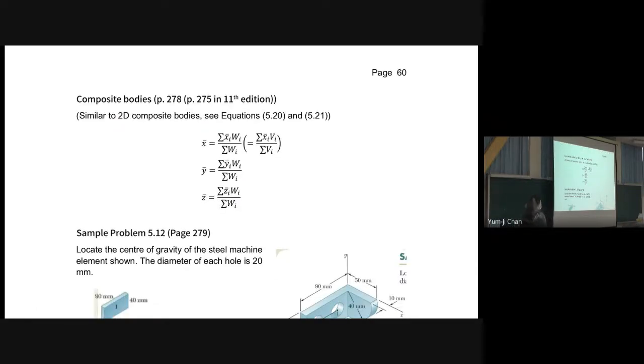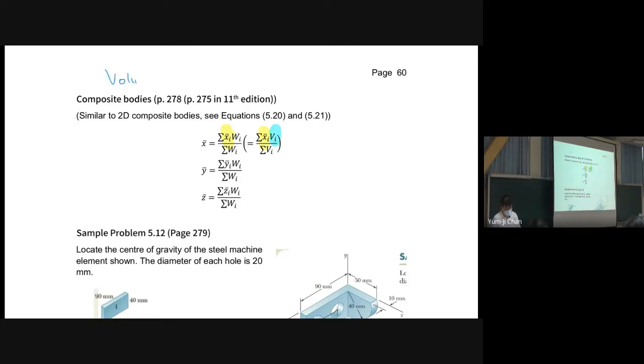For 3D objects, if we know the centroids and the volumes of different parts of a body, it means we can determine the centroid of the whole volume. Okay. I assume you know volume, right?